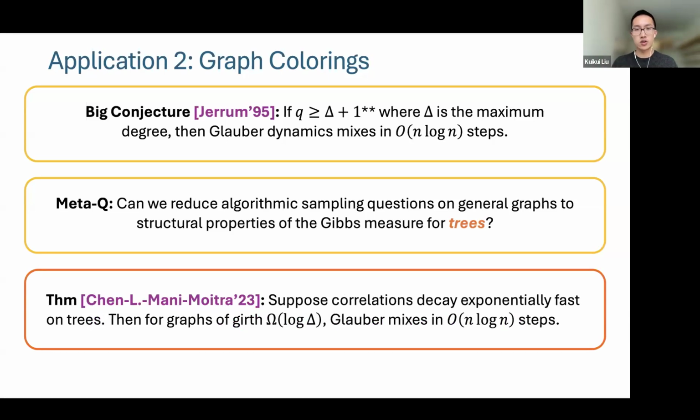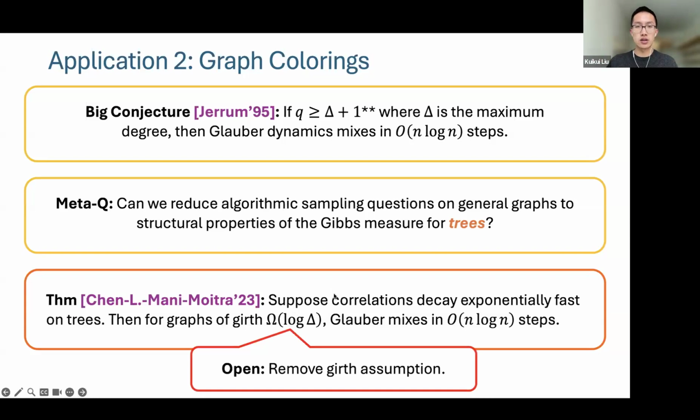Okay, so basically we resolve this meta question in full generality, at least in the large constant girth regime. So this theorem reduces the question of Glauber dynamics mixing on large girth graphs to establishing correlation decay for the special case of trees. Okay, so now we have to establish correlation decay for trees.